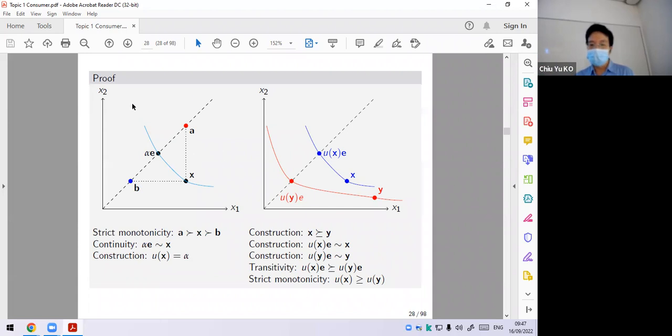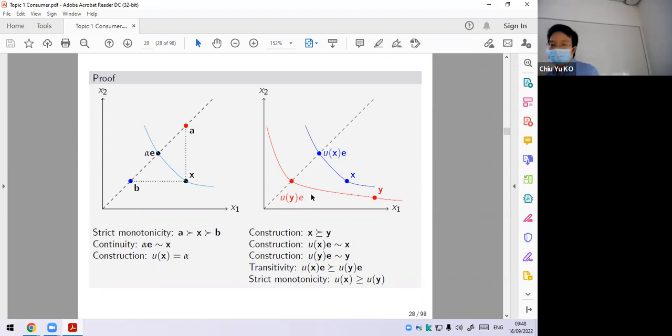This first graph shows you that for every bundle, you can find a number on this 45-degree diagonal. And the next thing is to show that this number actually is a utility, in the sense that the higher the number, the more preferable the bundle is.